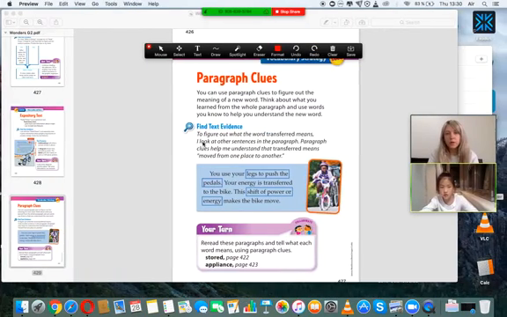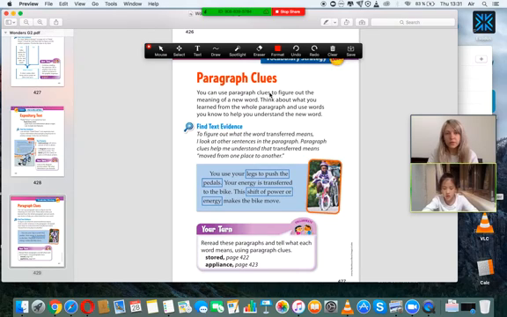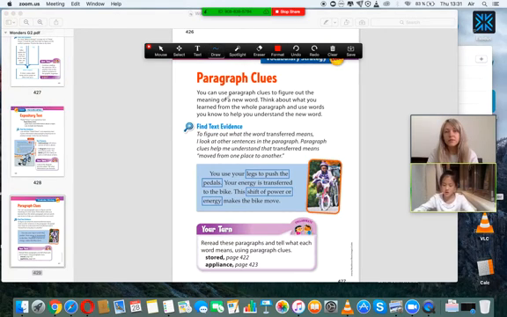And here we have paragraph clues. So some pieces of information that help us to understand the meaning of some words, the meaning of new words. So if there is a word that you don't understand, you can read the sentence before this word and after this word, and you can try to find some clues.